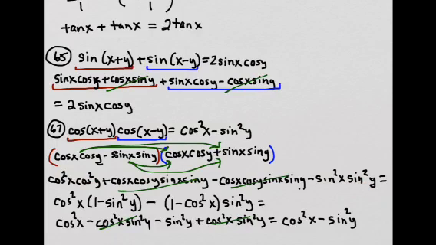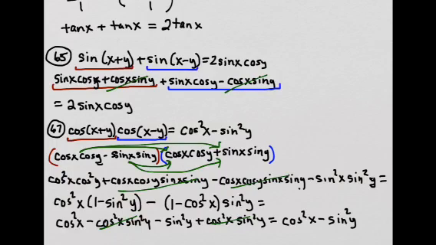So what I did is I replaced this one with this, and I replaced this one with this by using the Pythagorean identity. And this negative over here, because these two cancel out, is still a negative. That's this one right here. Okay? So then I distribute it here and here. That gives me this. Then I distribute the negative.